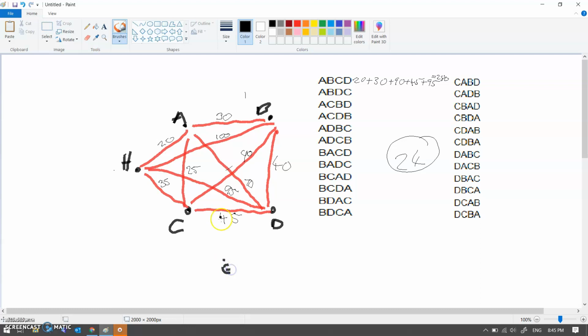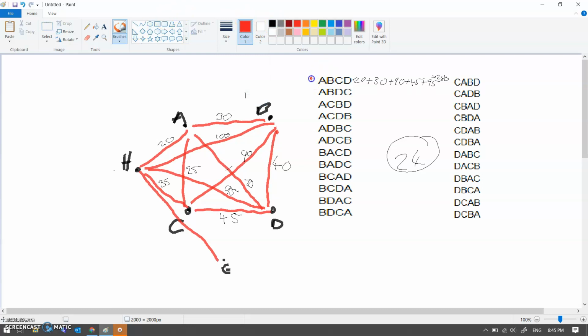Now, of course, E can appear at any point in the route. So the person could go to, for example, E first, and then to any of the other cities, in whatever order.